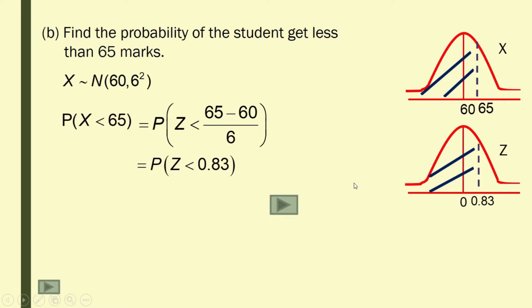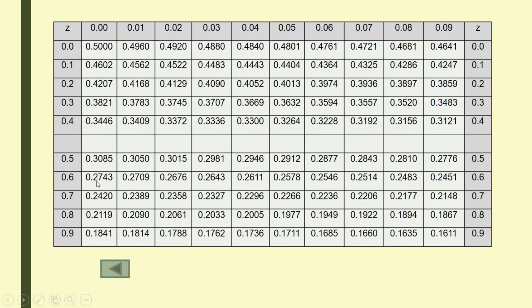Because we use the positive Z table, we cannot read P(Z < 0.83), so we must change it to 1 minus P(Z > 0.83), and we read from the statistic table.